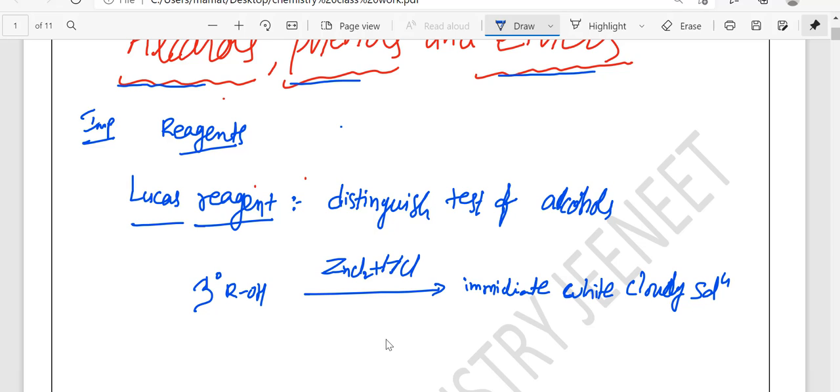White cloudy solution, that's immediate. Secondary alcohols are giving the same reaction 5 minutes later.